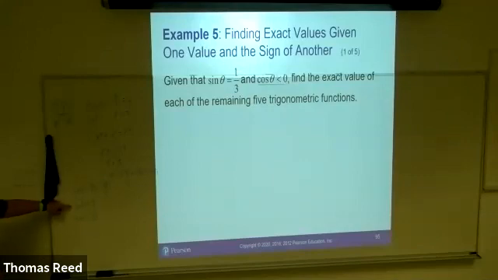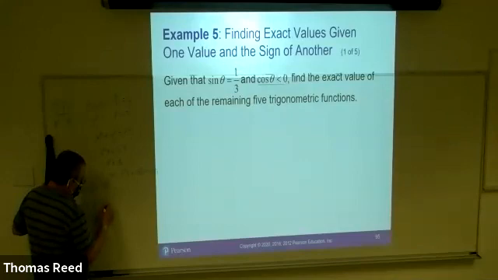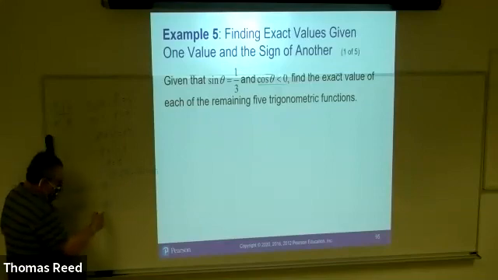But doing y over x would probably be easier since we already have those numbers. Y is 1, and the denominator is a negative 2 square root of 2 over 3. And this is just saying we want the reciprocal of the denominator.